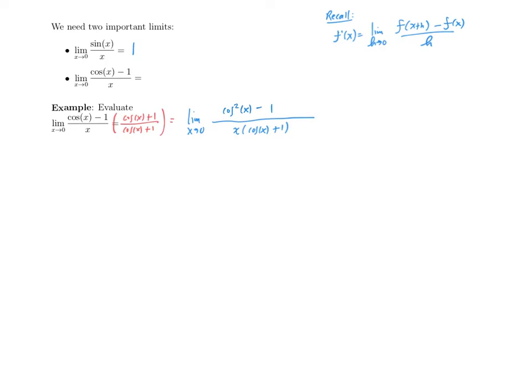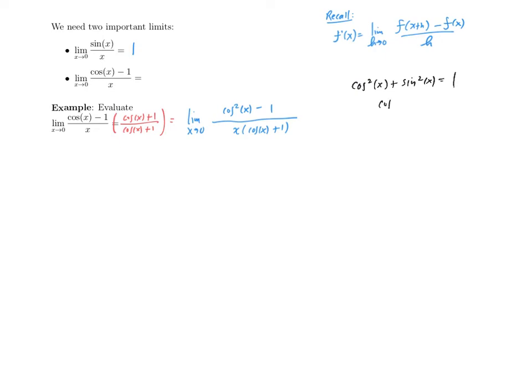And immediately upon seeing that cosine squared minus 1, that might remind you of a previous trig identity you've encountered, which is something that we make frequent use of throughout our calculus journey, and that would be the Pythagorean identity. Cosine squared plus sine squared is equal to 1.